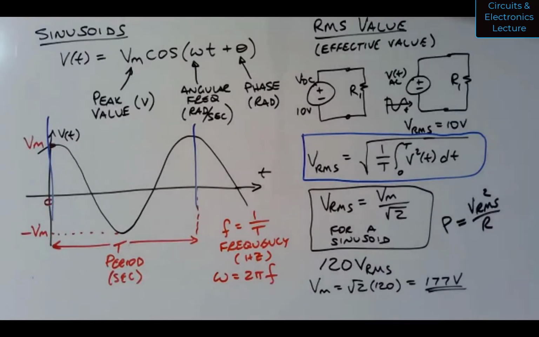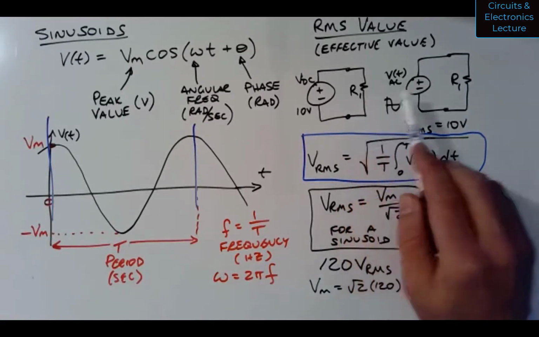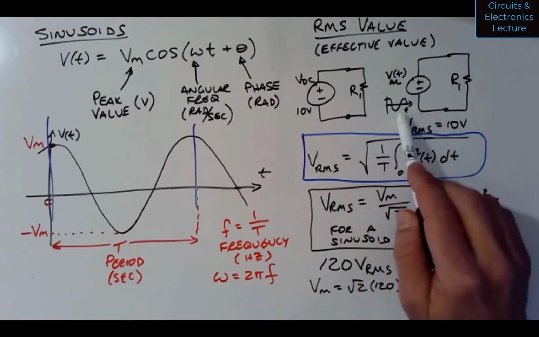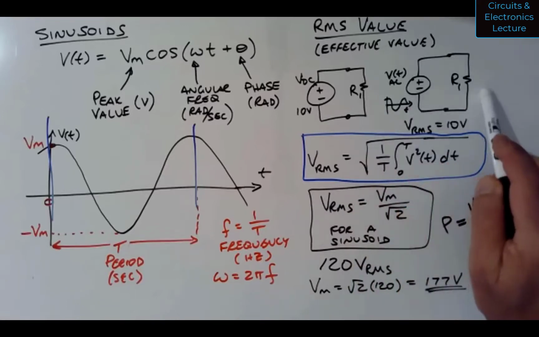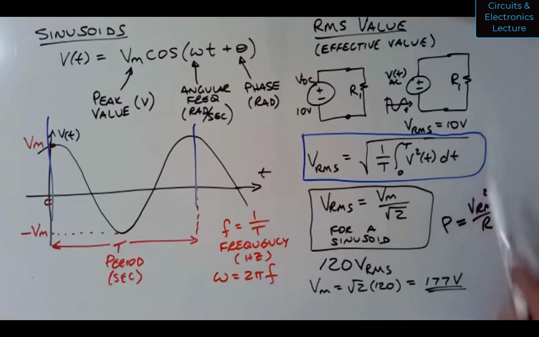Okay, so let's jump back. Once we have the AC value across a resistor in a more complex circuit than this, what values do you use in order to calculate the power delivered to that resistor? We're going to get to that.